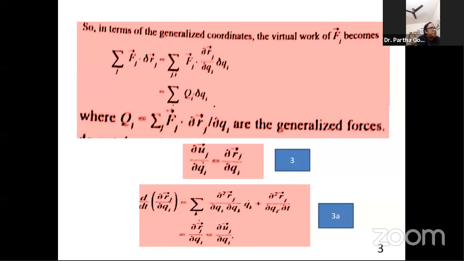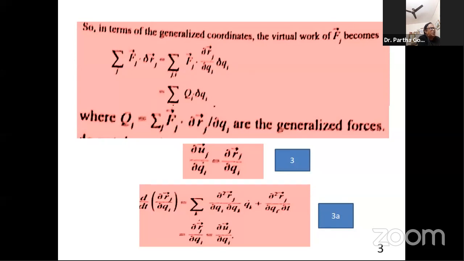And then I said that the velocity uj, del uj by del qi dot, meaning derivative with respect to time, that of course will be delta rj by delta qi, very easy to see. So this derivative d/dt of delta rj by delta q will ultimately come out to be delta uj by delta q.